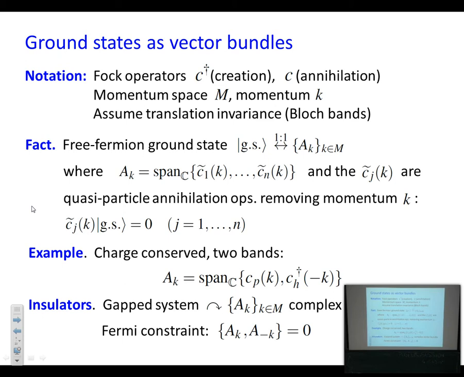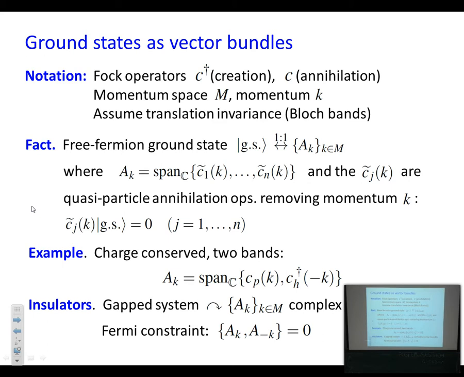However, since the focus is on insulators, where we have a gap everywhere separating the valence bands from the conduction bands, this dependence actually continues. So it gives us a vector bundle. Continuous dependence on K, or even smooth dependence on K. So we have a vector bundle of these annihilation spaces over a momentum space.